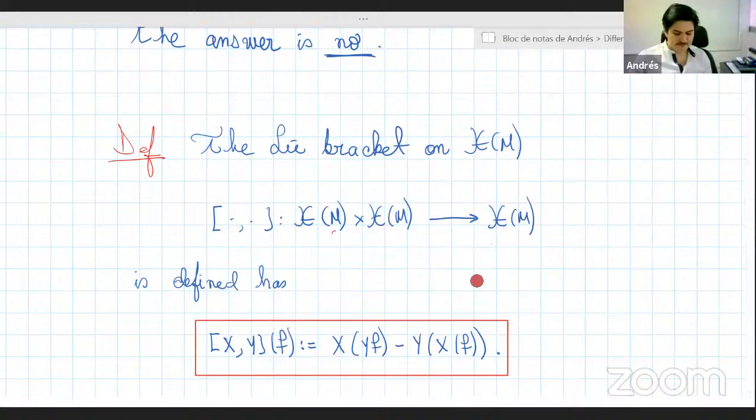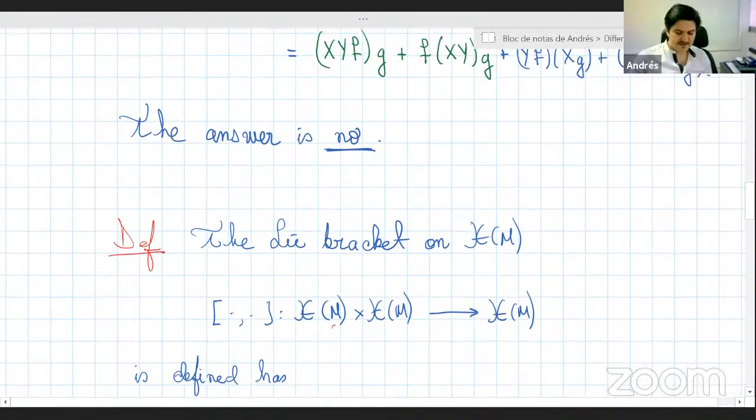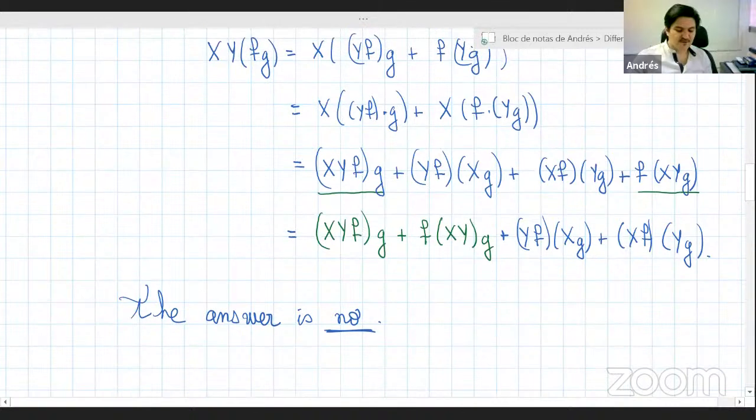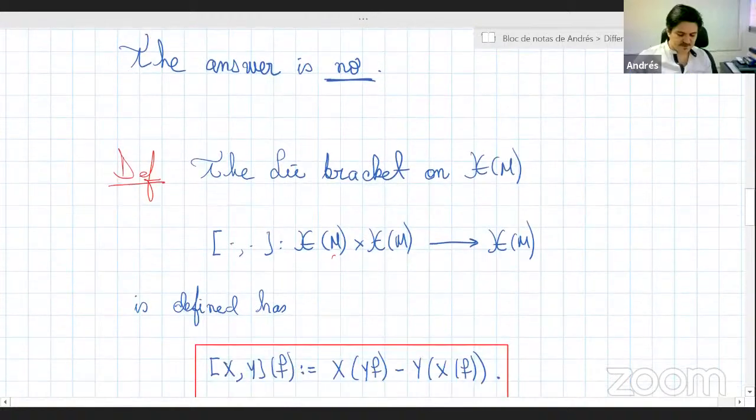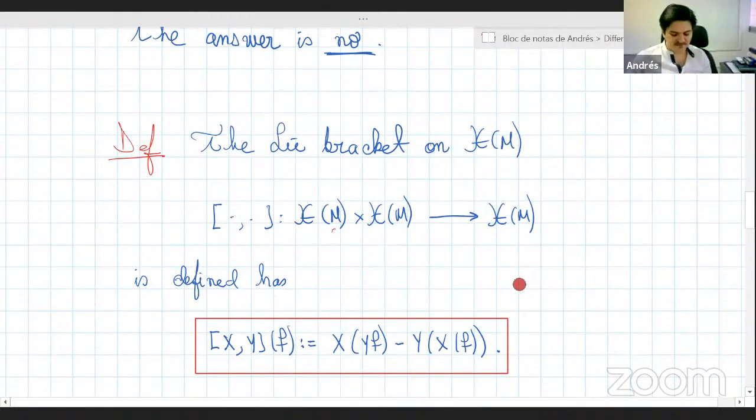Okay? So for that, you only have to consider the negative of this. So this, in fact, is a vector field.